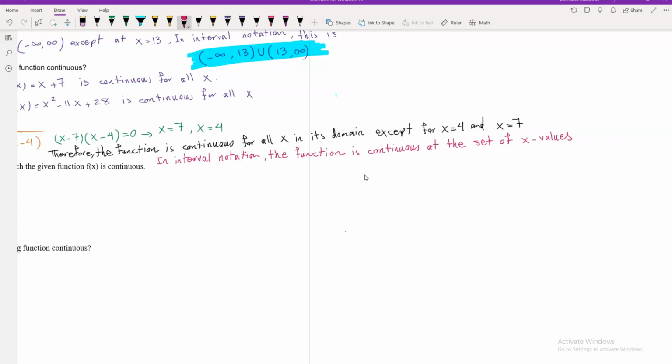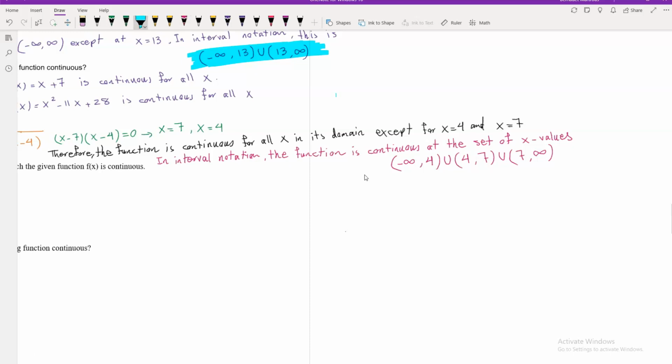What we have here is parentheses, negative infinite, comma, 4, close parentheses, union, 4, comma, 7, union, parentheses, 7, comma, infinite, close parentheses.